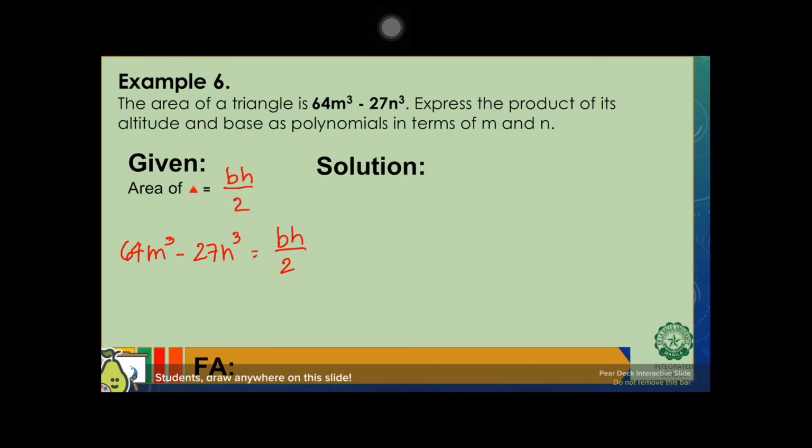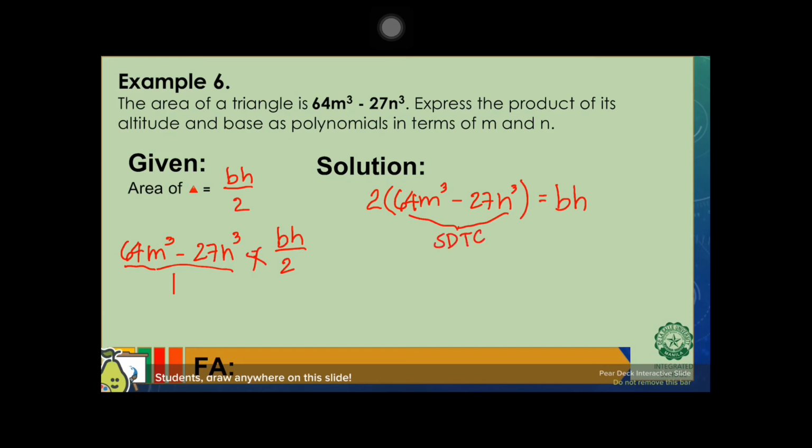For our solution, we can put an over 1 there, and then we can simply do cross multiplication to express the product of our base and height. So if you do cross multiply, you end up having 2 multiplied by your given area, which is 64m cubed minus 27n cubed. That would be the value of your product of the base and height. After doing that, you need to take note that this could be considered as sum and difference of 2 cubes as well.